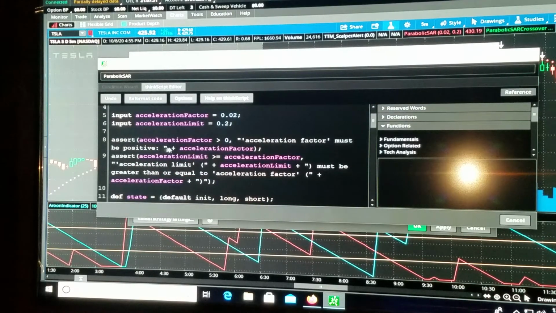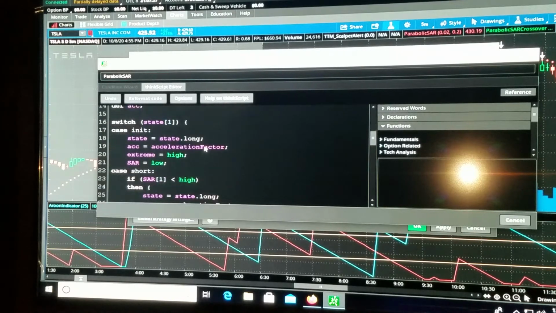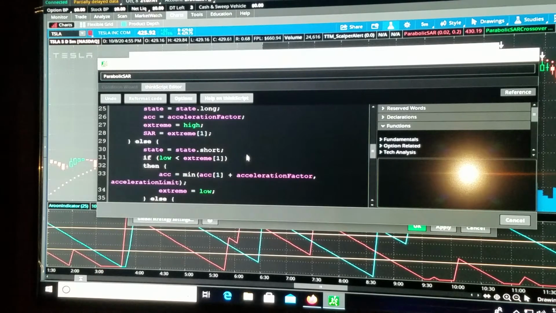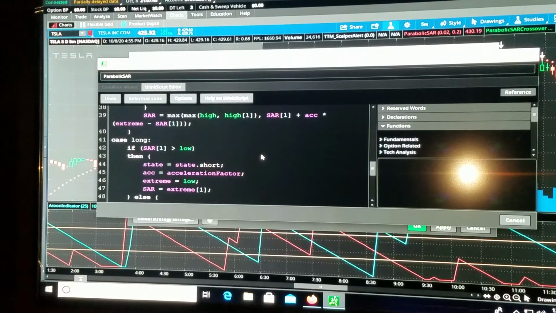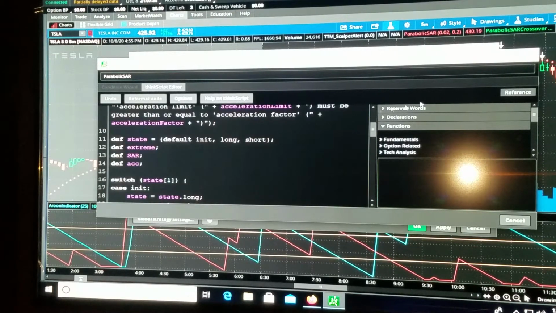Okay, so we can look at our code that's written for the parabolic SAR, and we can go in and change it to be however we like it. It's going to be this: if SAR1 is less than the low or greater than the low, which is how all of those arrows are created, of course.